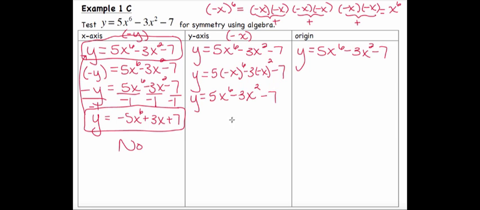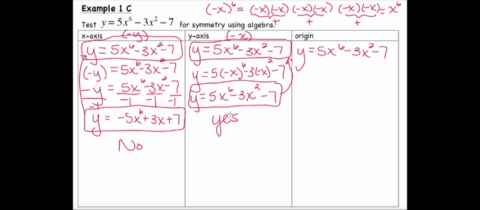And then I'm going to bring down that -7, and let's go ahead and compare. I don't have anything else to clean up. All my parentheses are gone. My first term's already matched, so there's no need to divide by a negative. And let's see. I think everything matches, so this is a yes.